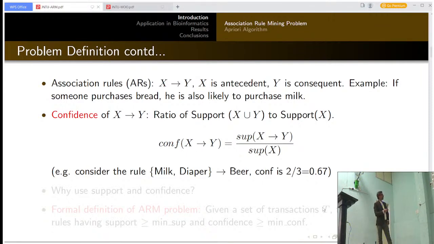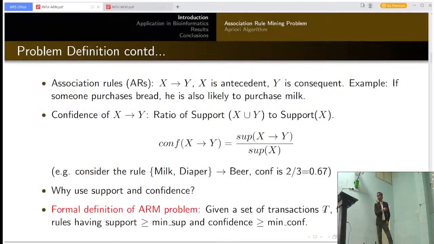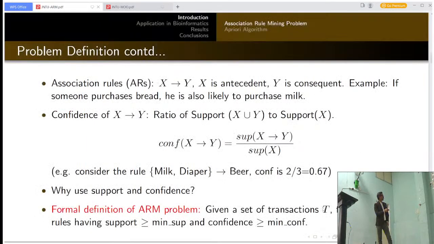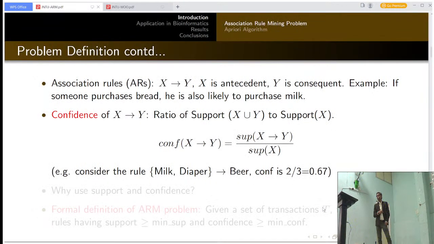So milk, diaper implies beer, we have already computed the support of the rule. Support of the rule means when we consider all three items together, support of that item set is 2, divided by support of X, meaning support of milk and diaper.